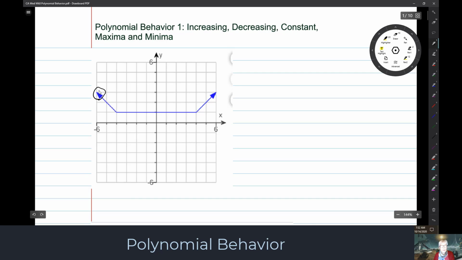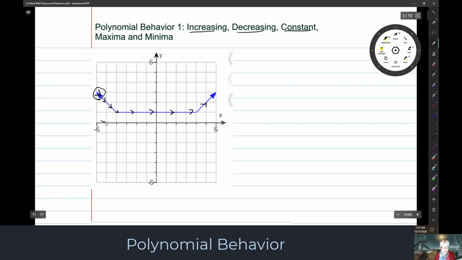Because right now, what we're doing for these topics, increasing, decreasing, and constant, we are moving left to right. Left to right, left to right, left to right.